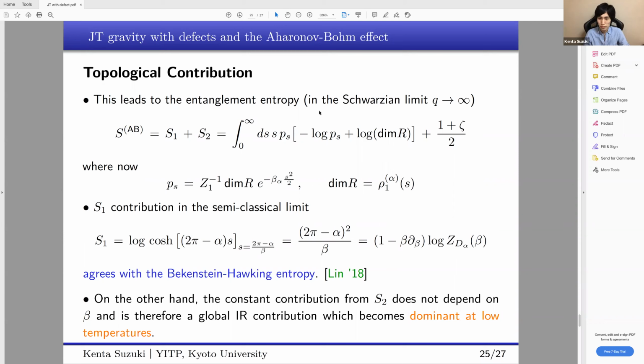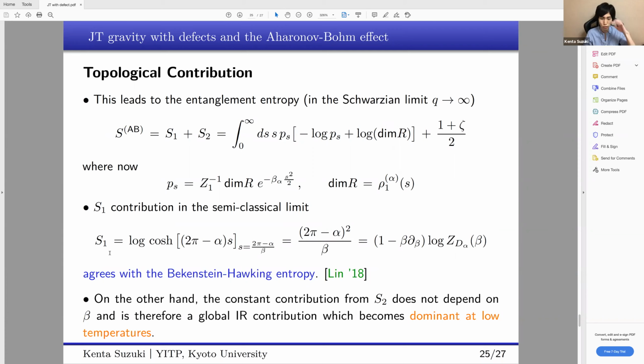For the first contribution, we call it S1. For S1, we just need to replace the first-order, non-replicated spectral density with the correct defect-inserted spectral density, and then the rest of the expression is basically the same as in the disk geometry case.